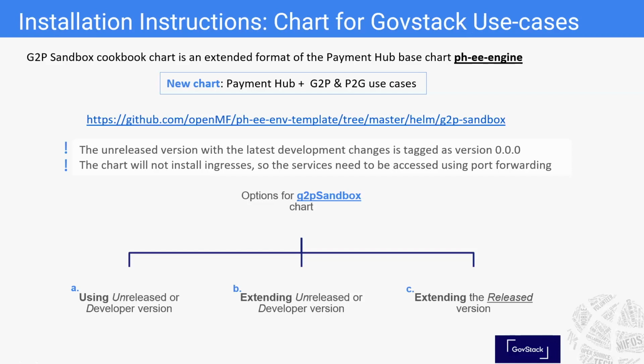So let's say if you want to deploy a payment hub along with the G2P and P2G use cases, this is the location from which to pull that. Again, there are three options for that. You could use an unreleased or developer version, you could extend an unreleased or developer version, or you could extend the released version and then use it. It depends upon your requirements.